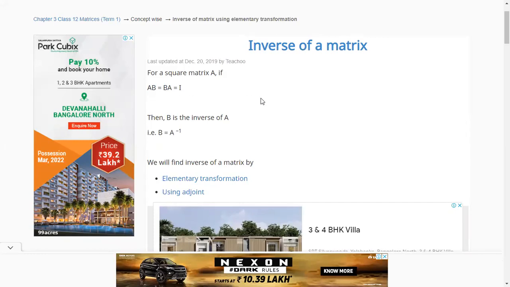You know how to multiply two matrices, right? You have studied multiplication of two matrices.